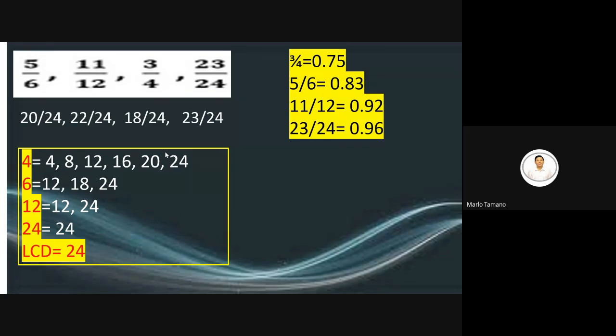Under step number 3, you have to arrange the fractions from ascending to descending, or from lowest to highest. It depends on the given instruction. Pag sinabing ascending, of course, you start from the lowest going to the highest fraction. If this is descending, you start from highest and end with the lowest fraction. Naintindihan?